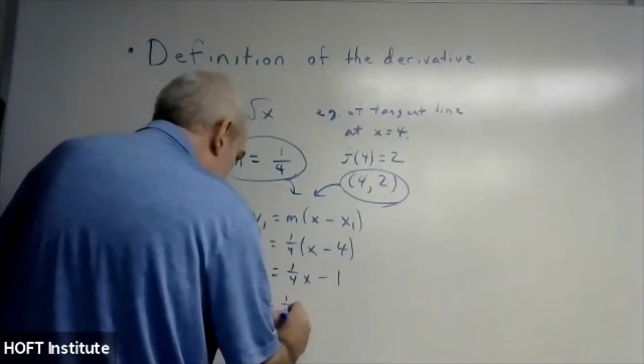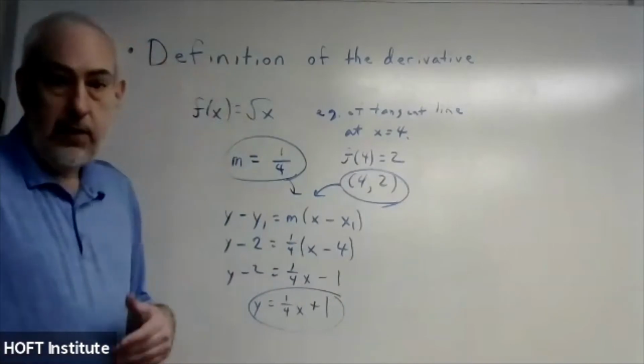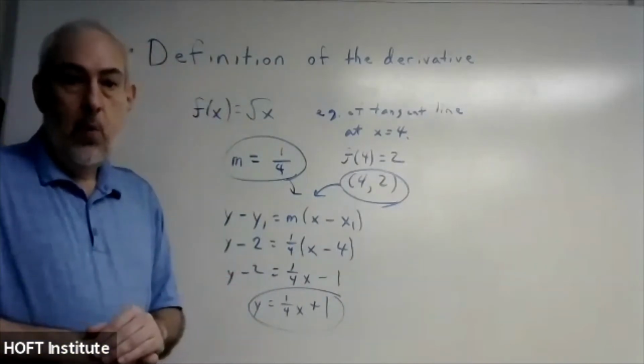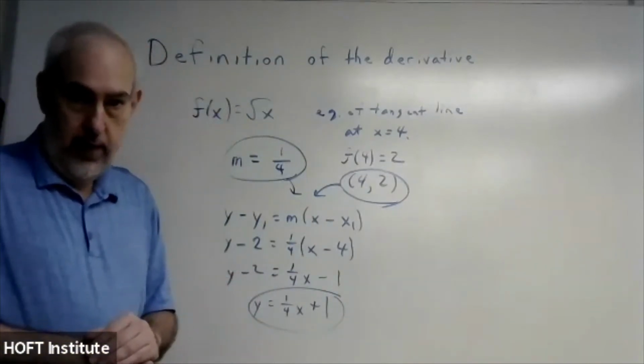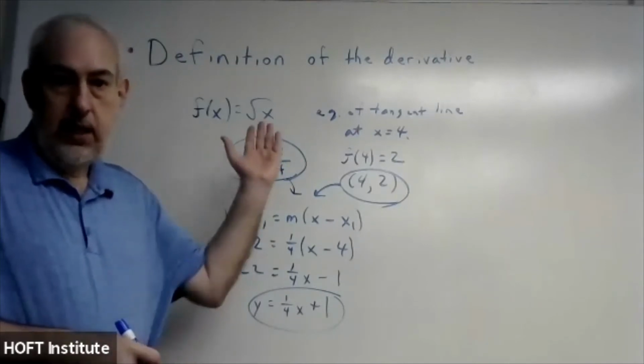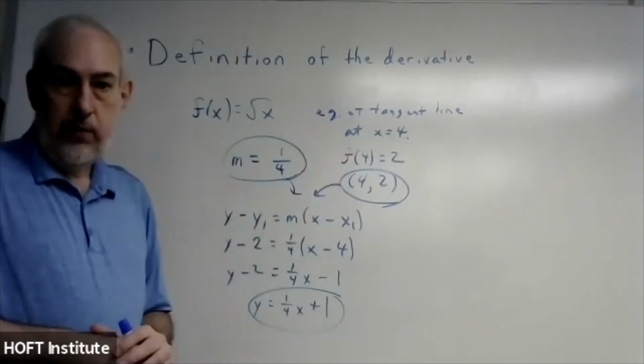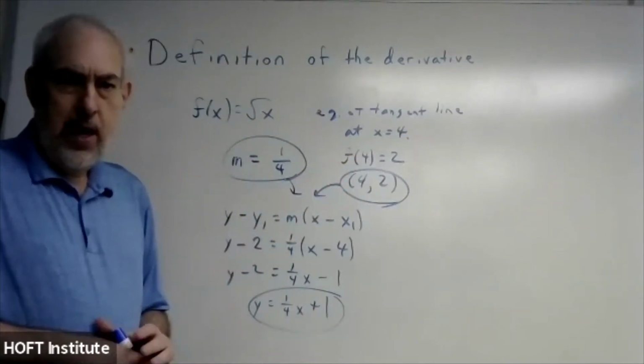Finally, adding 2 to both sides gives us the equation y equals 1/4 x plus 1. So that should be the equation of the tangent line to the curve y equals square root of x at x equals 4.